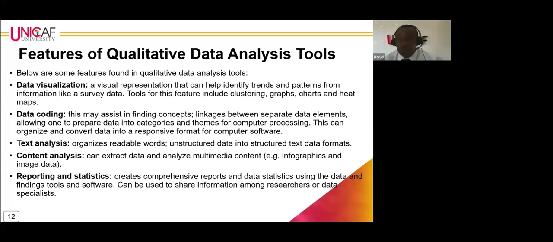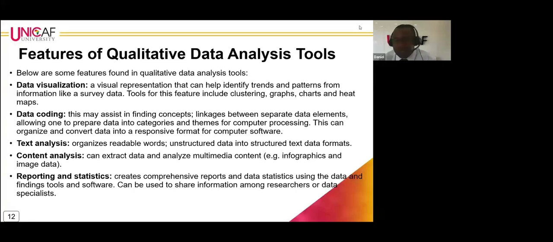Number one, you have data visualization. It is important to look at what data visualization is vis-a-vis the type of data you get in qualitative research, because you'll be helped to identify the trends and the patterns from the information that you get. If it's from a survey, yes.